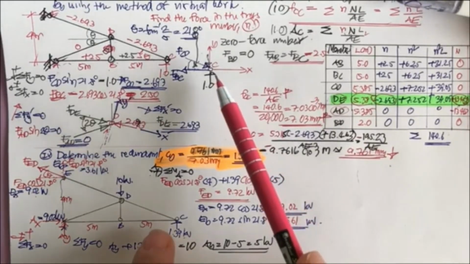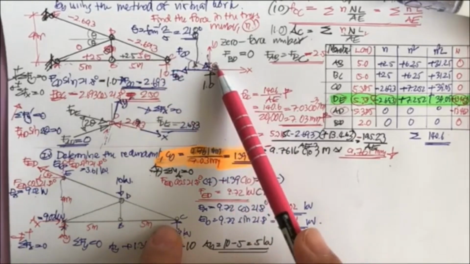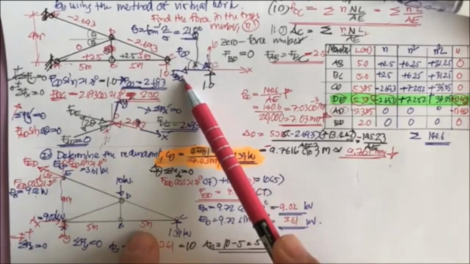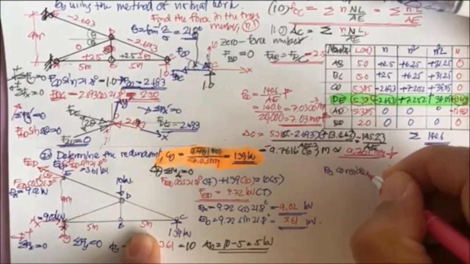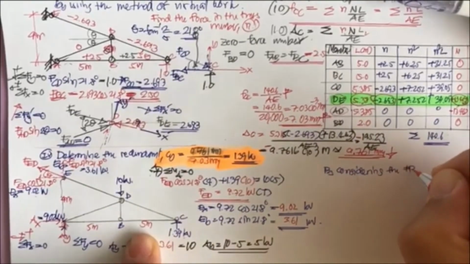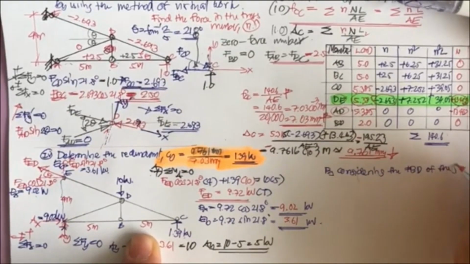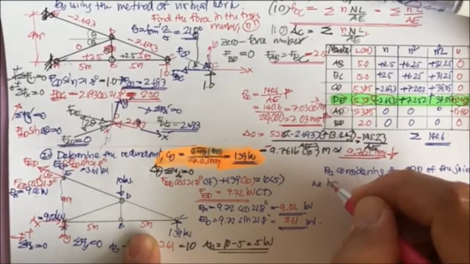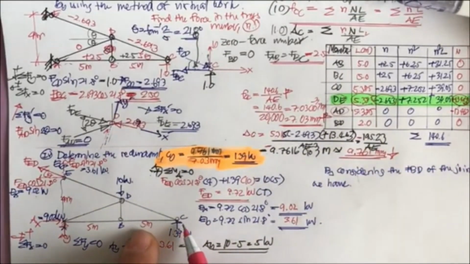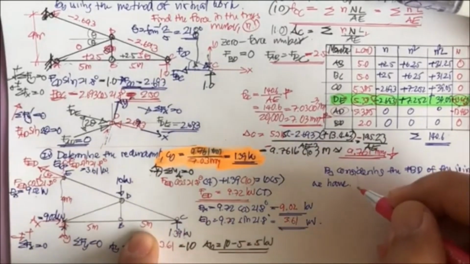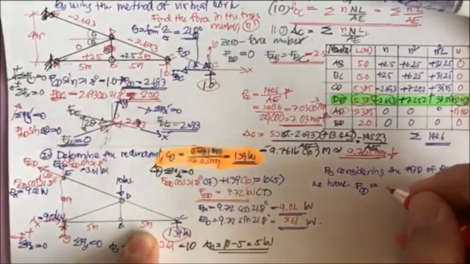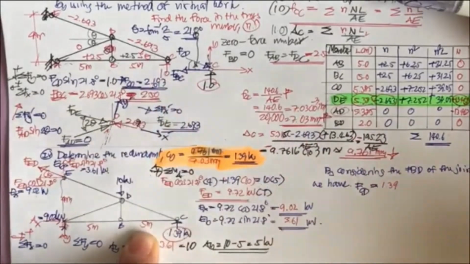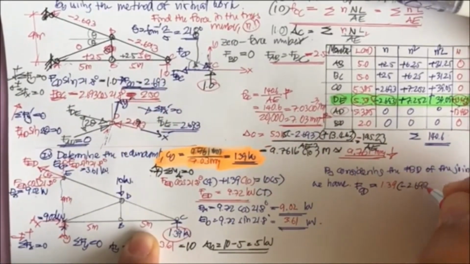And if you notice between this one and this one, you can determine the F sub CD and F sub ED of this problem easily, by considering the free body diagram of the joint C. We have F sub CD equal to 1.39 times minus 2.693.